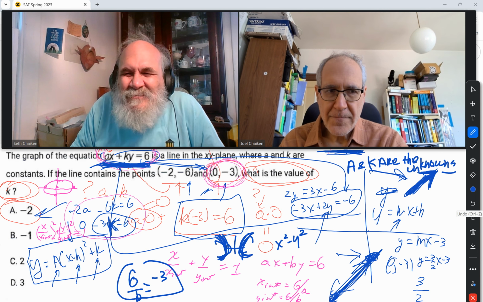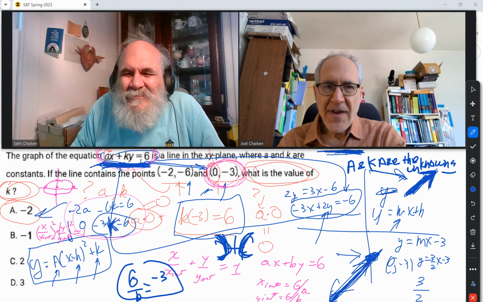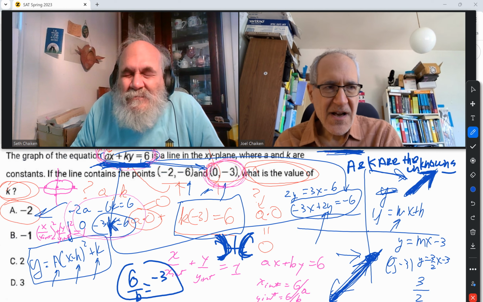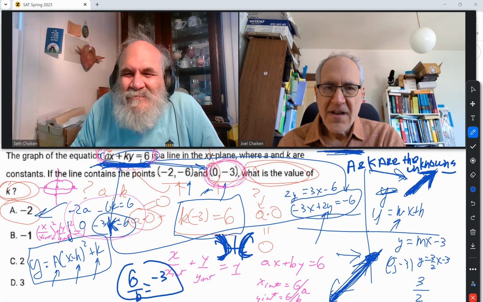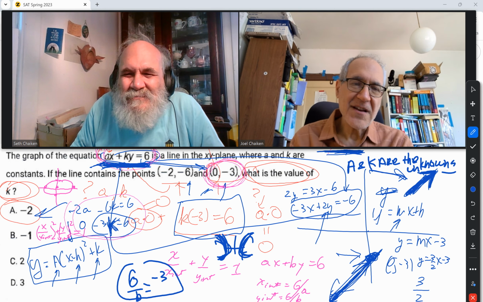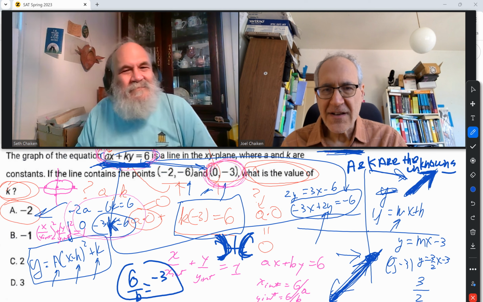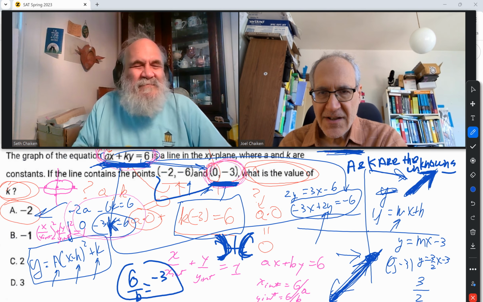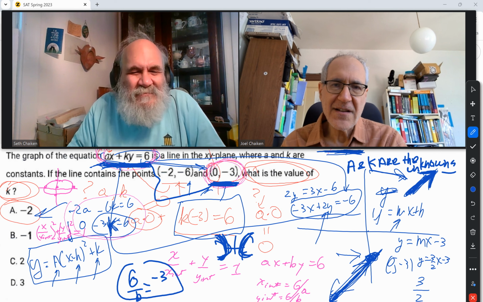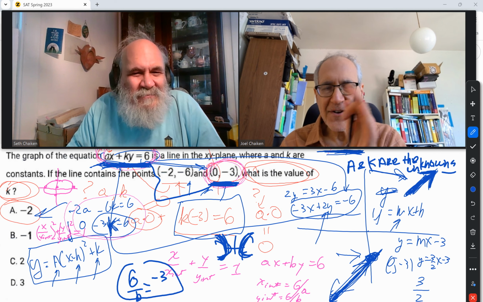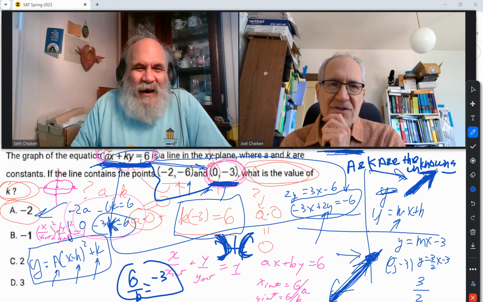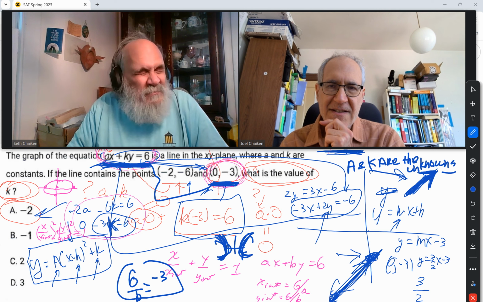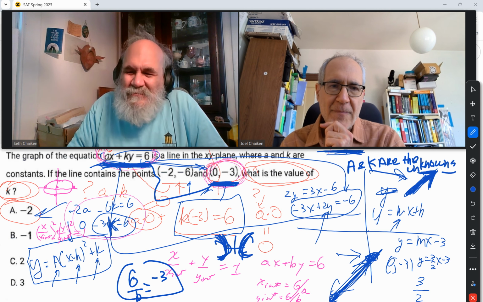Okay, so let's do our questions. Is there a pattern to this? Oh my goodness, there is a pattern to this. If you recognize that you can use this and plug it directly into the equation, you get the answer instantly. If you see that pattern, you get yourself an extra 30, 40 seconds on the SAT, which is invaluable.